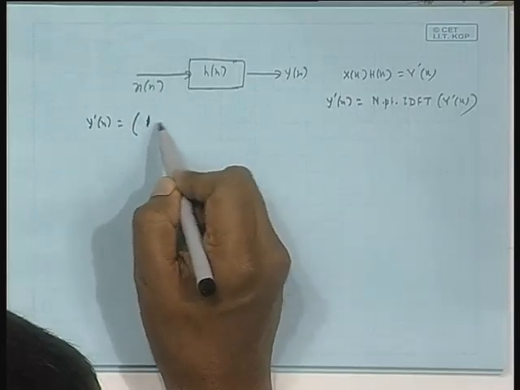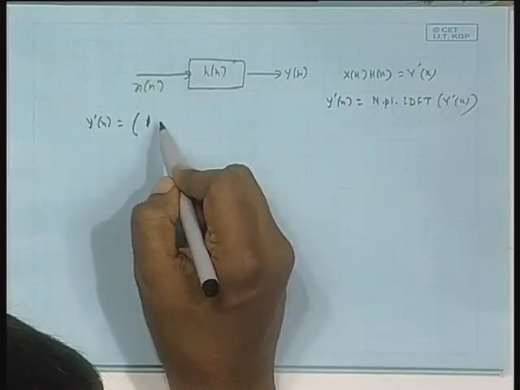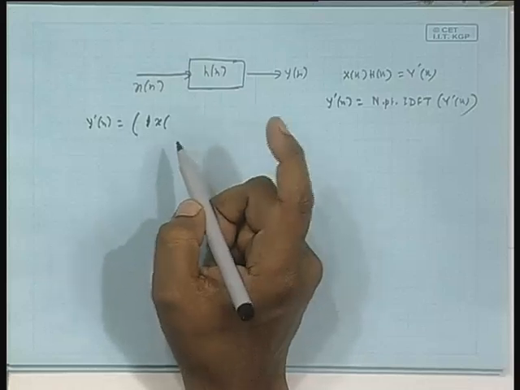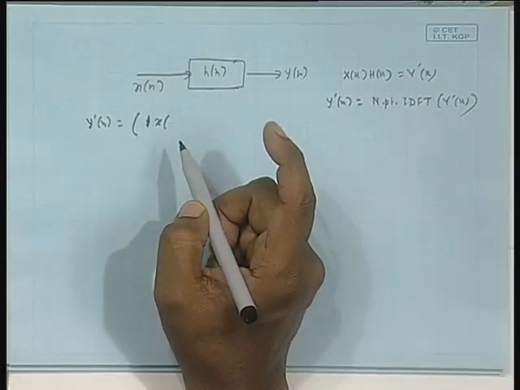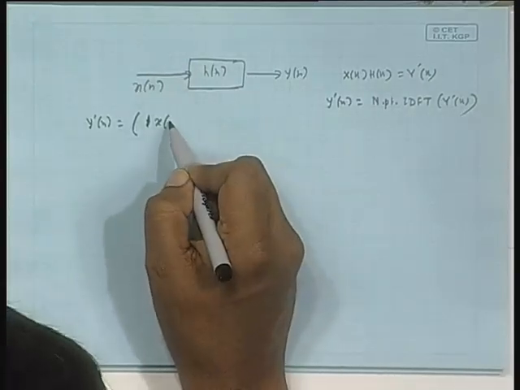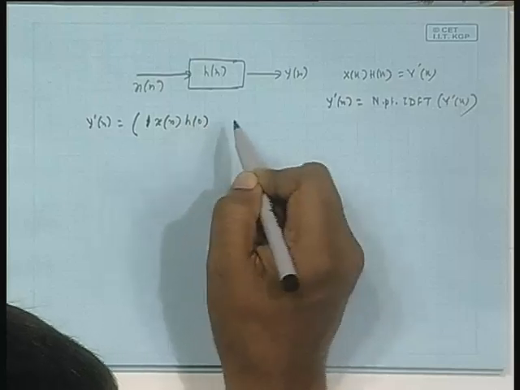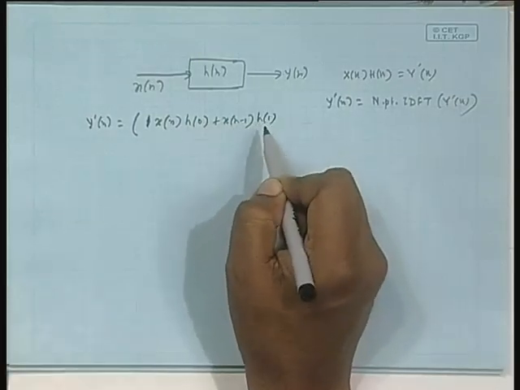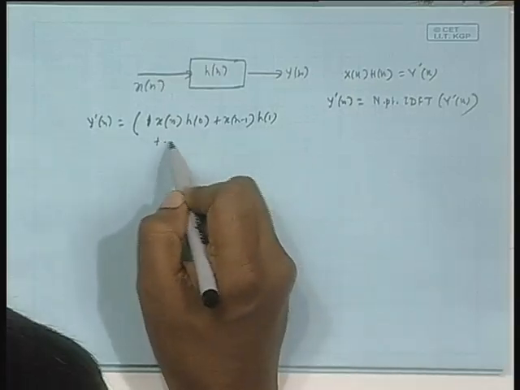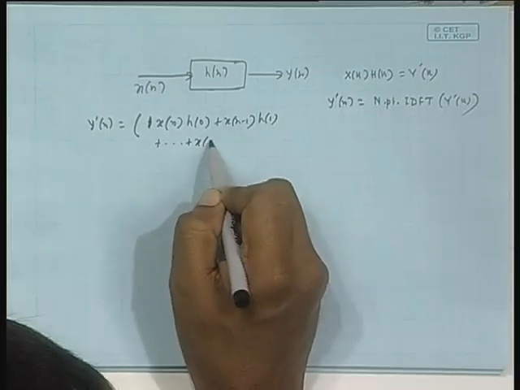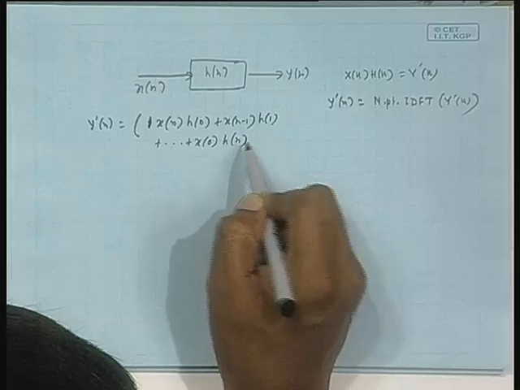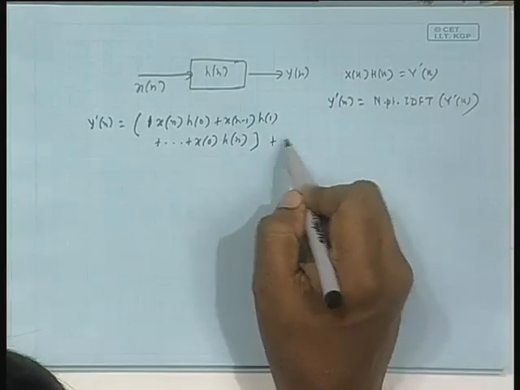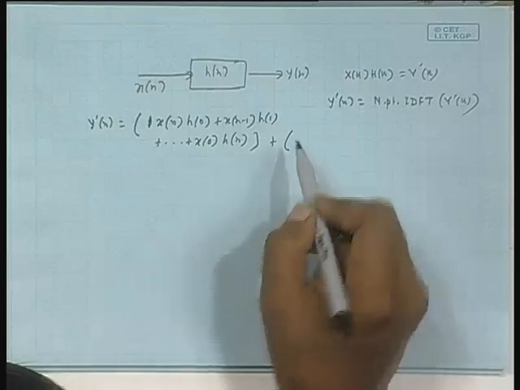Maybe you can write it in this way. Which way did I write, x n h 0 or x 0 h n? x n h 0. This was the linear convolution part.